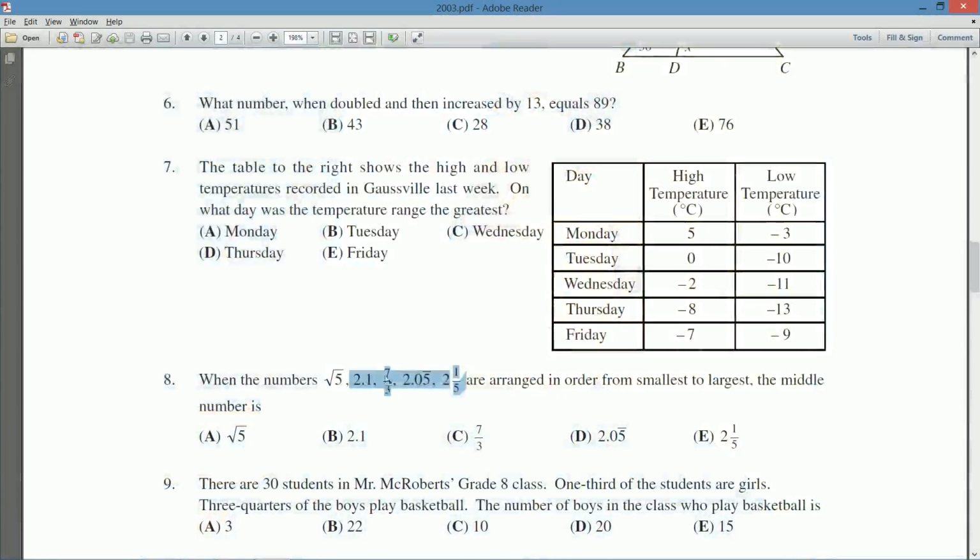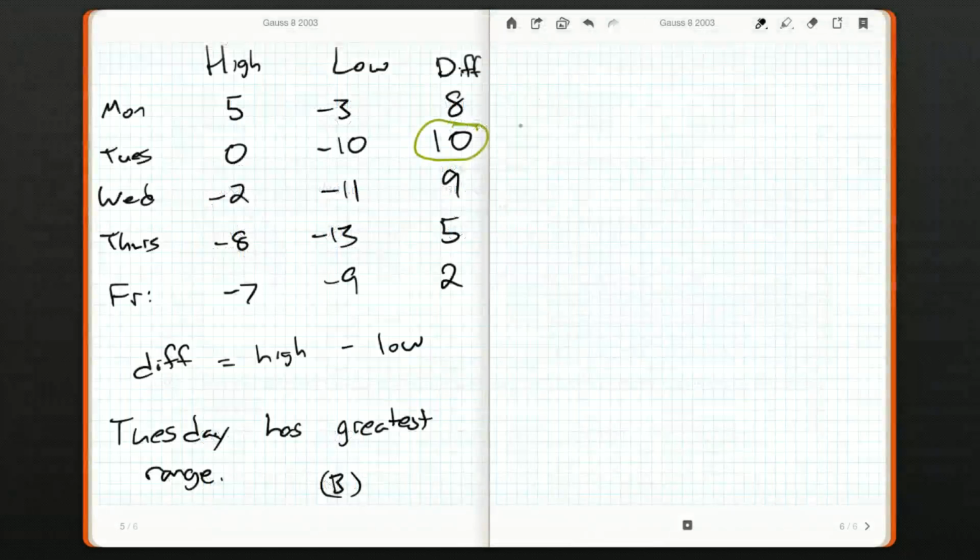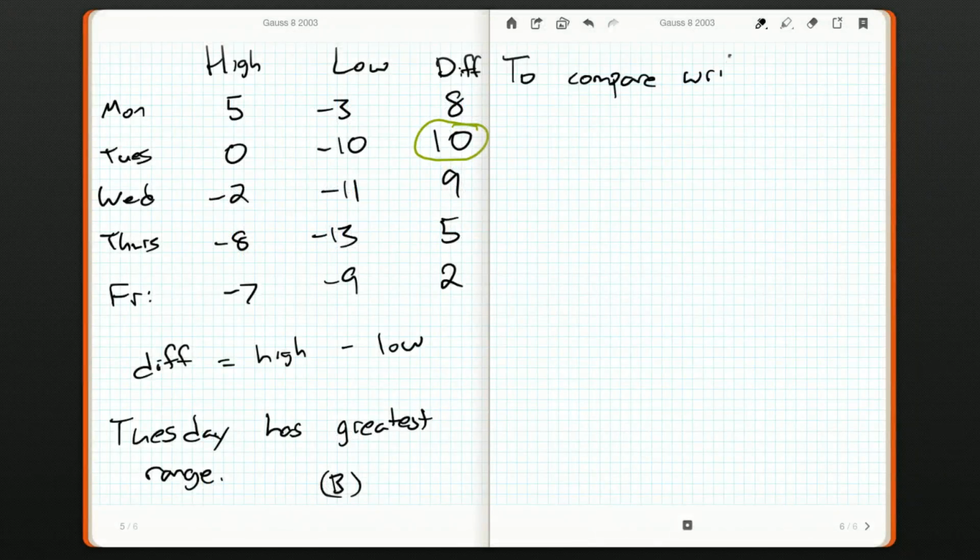Okay? So we've got square root of 5, 2.1, 7/3, 2.05 repeating, and 2 and 1/5. So to compare, write them as decimals.